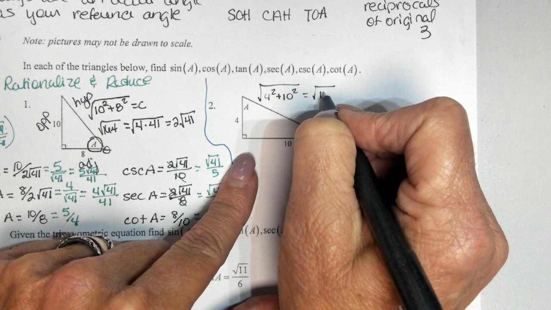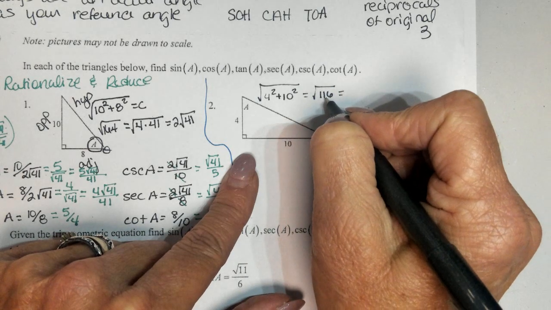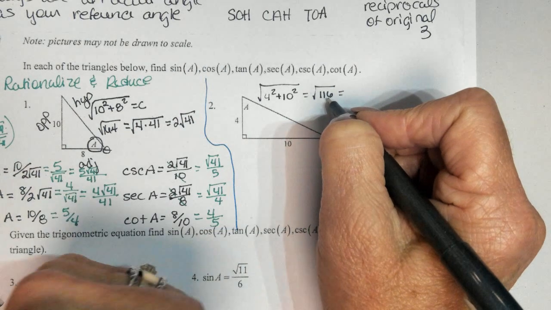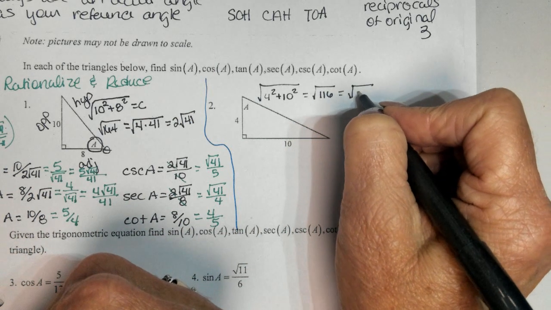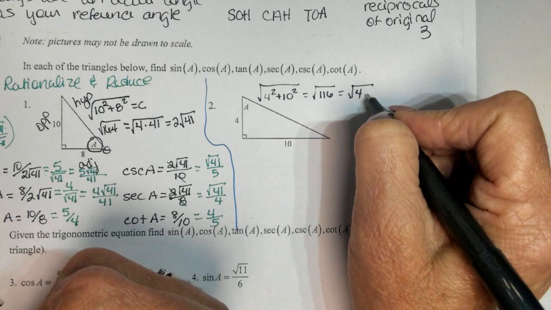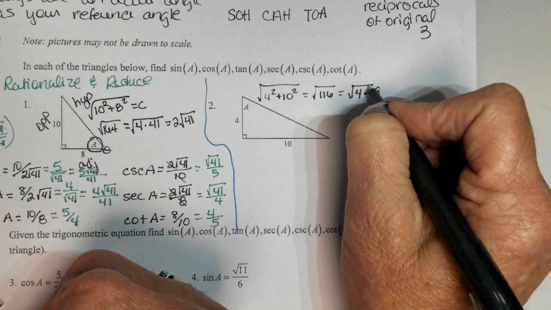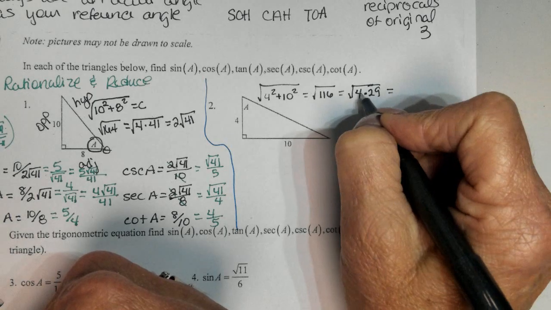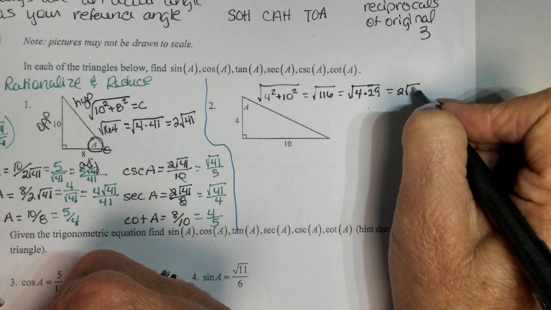That's the square root of 116. And I just take my calculator and I start dividing by perfect squares to see what happens. I used 4 because this looked like it could be divisible by 4. And it was, and I got 29. So therefore, when I simplify and take out the perfect square factor, I've got 2 root 29.